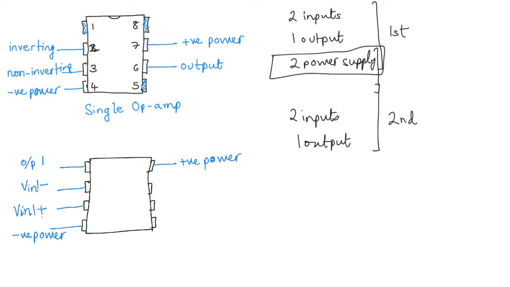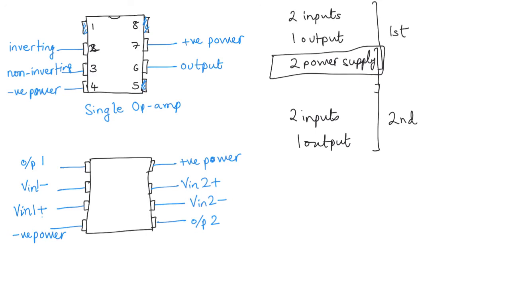And on the other side, you could have this as output 2, this as the V in 2 minus, and this as V in 2 plus. So this is the non-inverting input, and this is the inverting input.